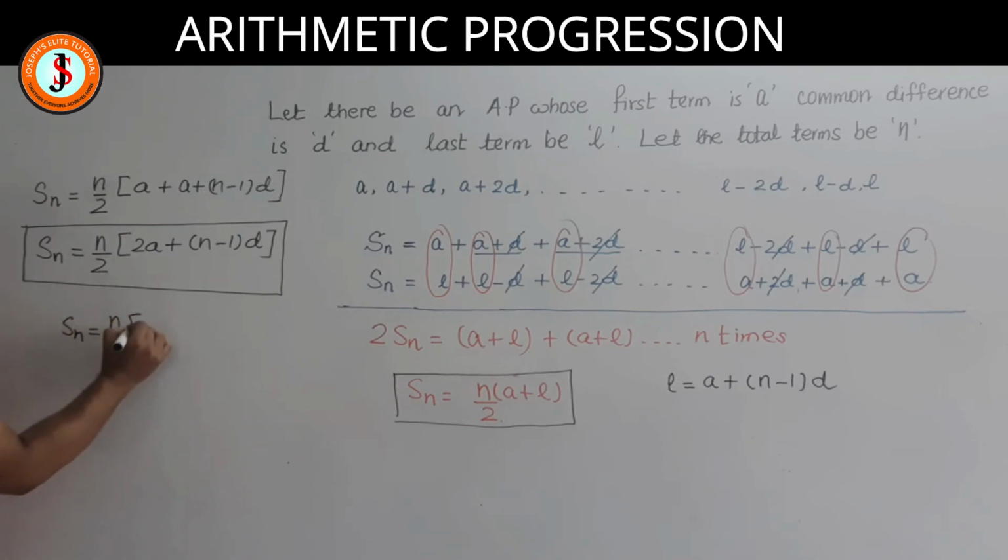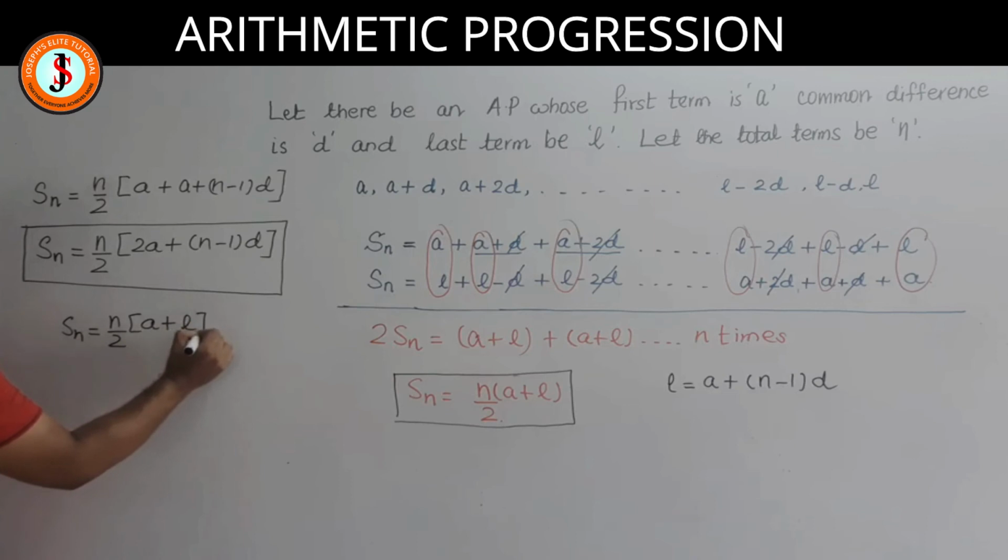The first formula is for when you know the first term, the last term and the number of terms. So these two are the formulas.